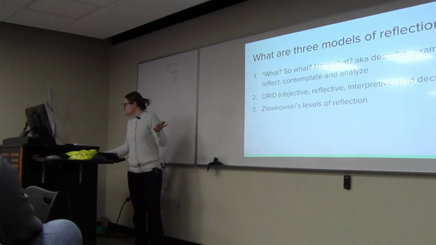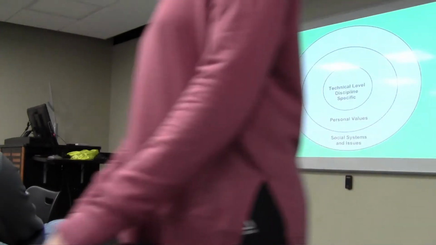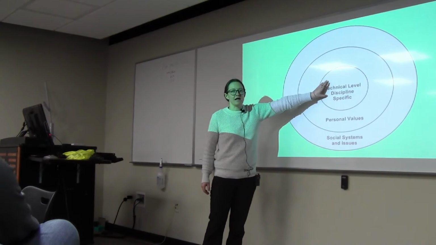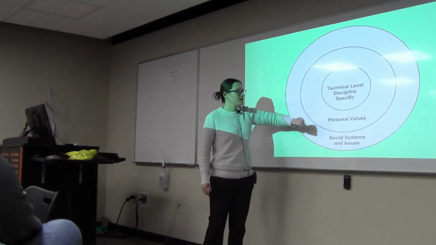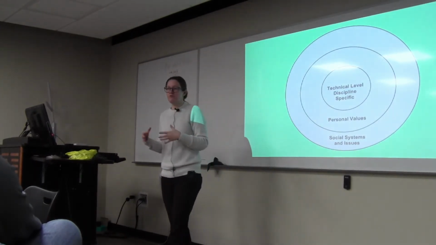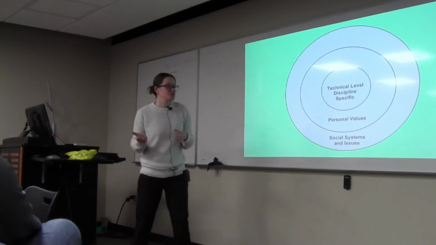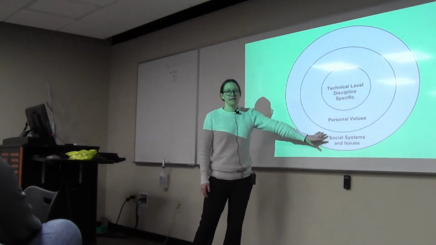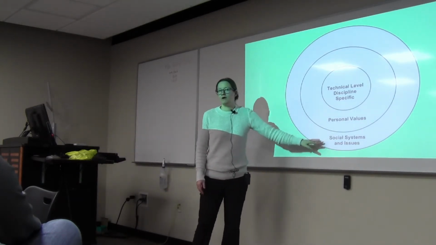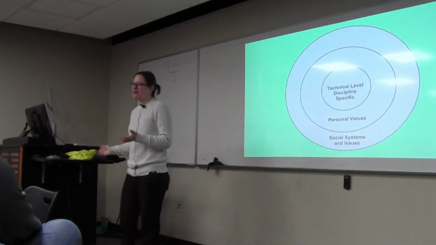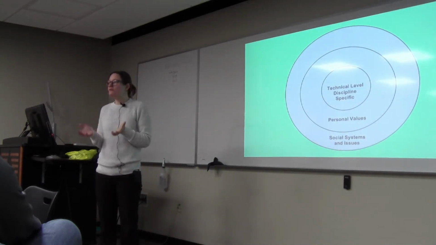Because Slokowski also has 3 different levels. So this is very objective, the technical specification part. This is sort of like more of the warm fuzzy, the feeling, so what kind of thing. And lastly is more of the now what. So how does this affect society and issues within, okay? So they're all generally the same.